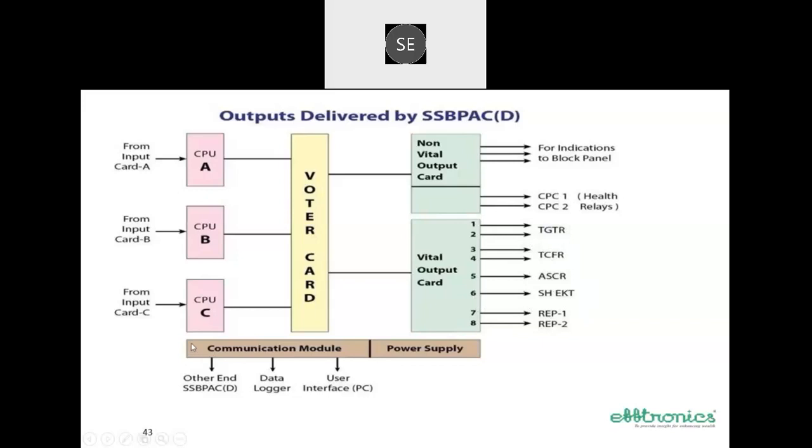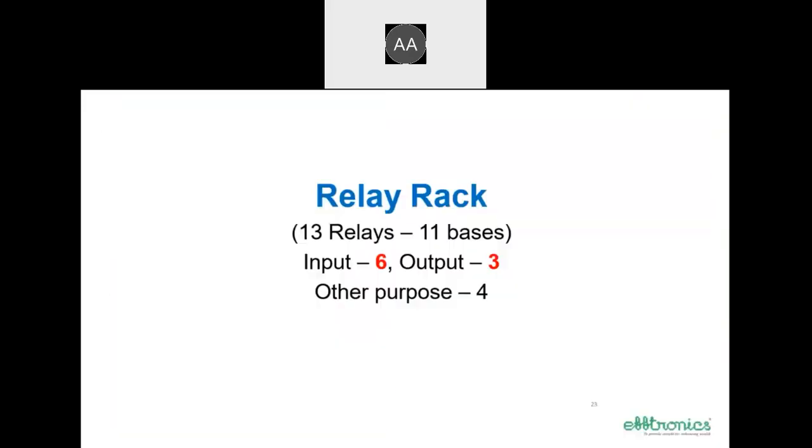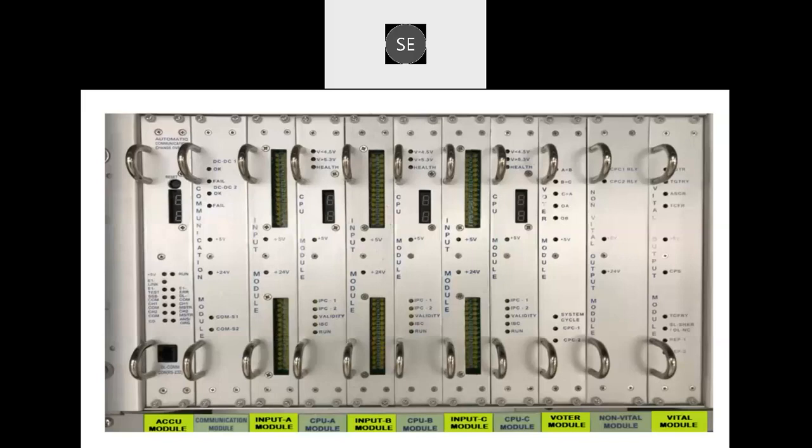Excuse me, sir, is this non-vital output card and vital output card at the other station or at the same station? No, at the same station. I will go back and show you. So here you can see, sir, this is the non-vital card. They are in the same station, in the same Euro rack.